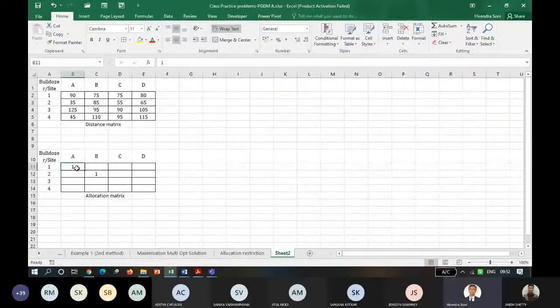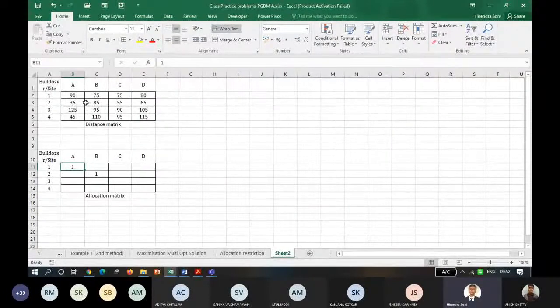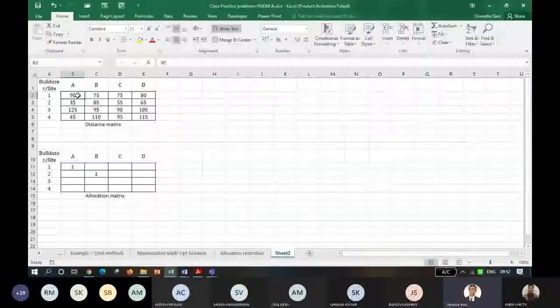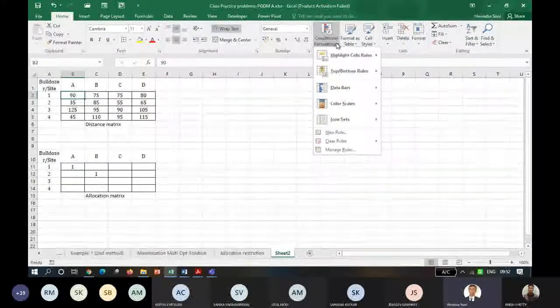Now to make it visible very clearly, what we'll do is I'll just put a conditional formatting here. Not here, but in this cell so that they get highlighted. So I'll put a conditional formatting there.